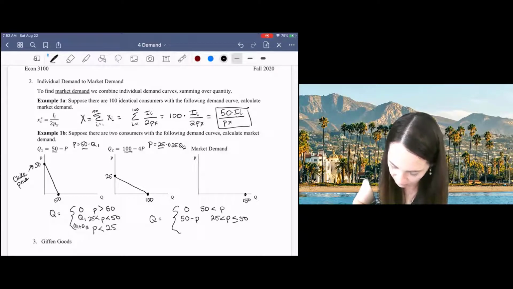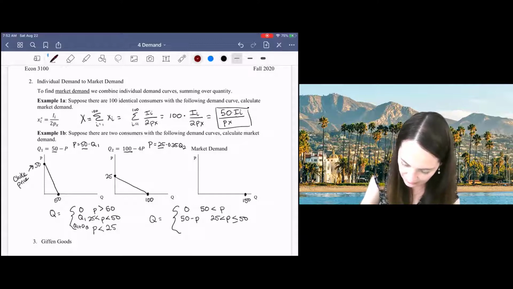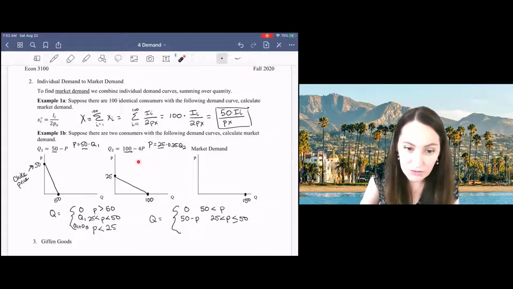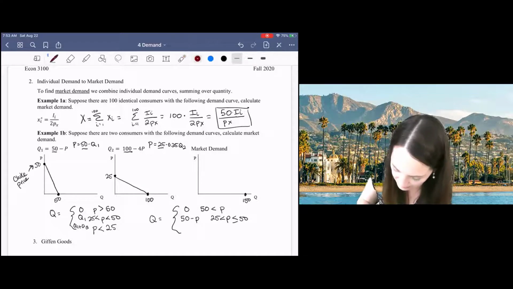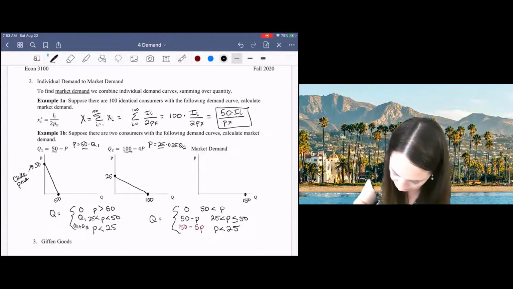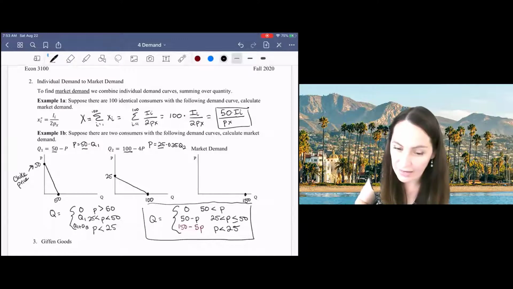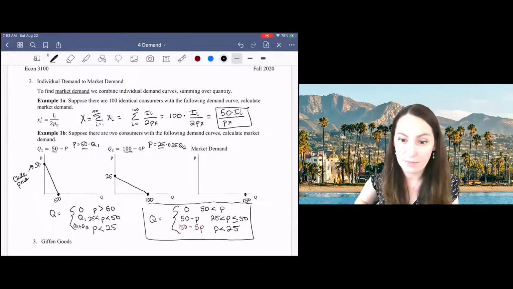And then for the last segment, we've got 50 minus P plus 100 minus 4P. So that gives me 150 minus 5P for P less than 25. So this is the set of equations that describes my market demand.